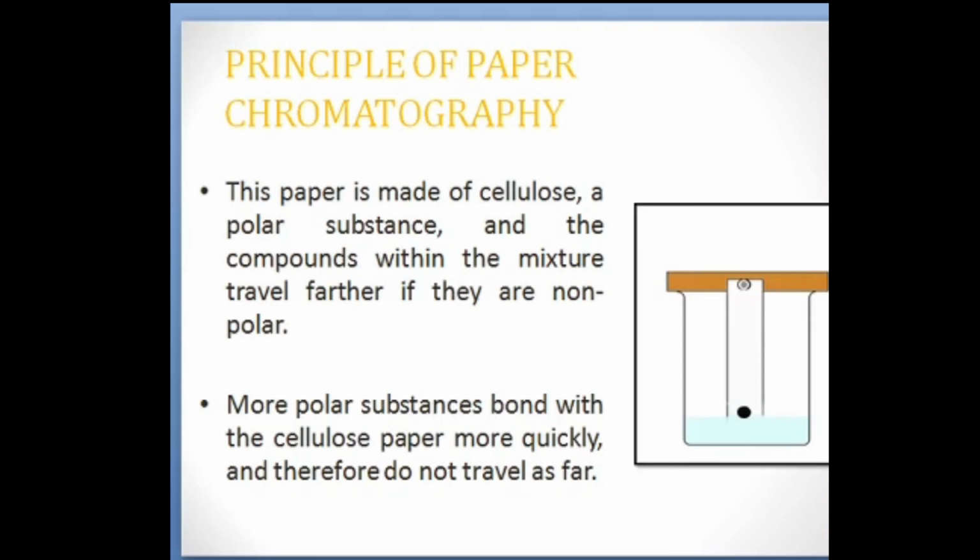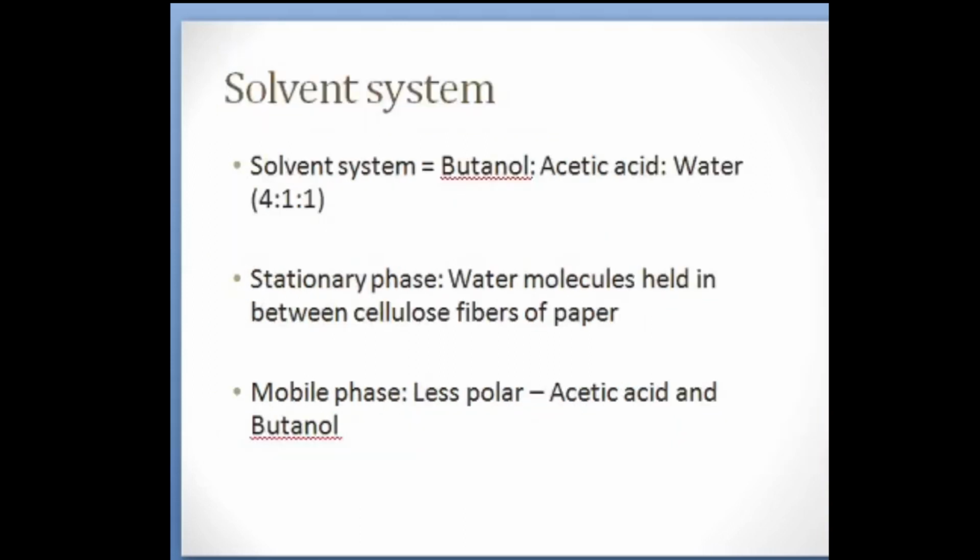It is not the stationary phase. Here the stationary phase will be the water molecule that will be held between the cellulose fibers. Remember, the stationary phase is not the paper; the paper is just a supporting medium, whereas the stationary phase is the water molecule held in between the cellulose fibers of the paper.